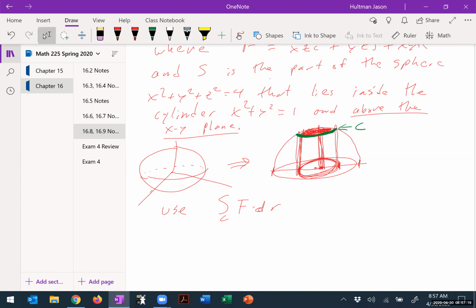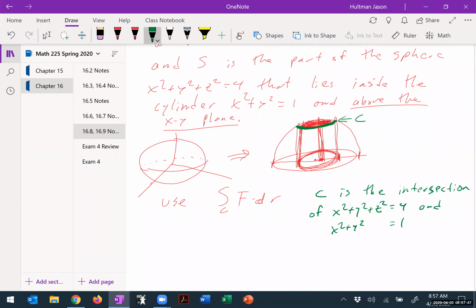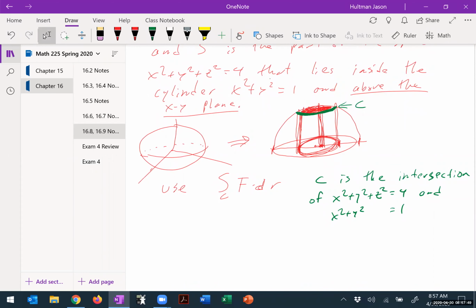In order to find C, C is the intersection of x squared plus y squared plus z squared equals 4 and x squared plus y squared equals 1. So what is that intersection?